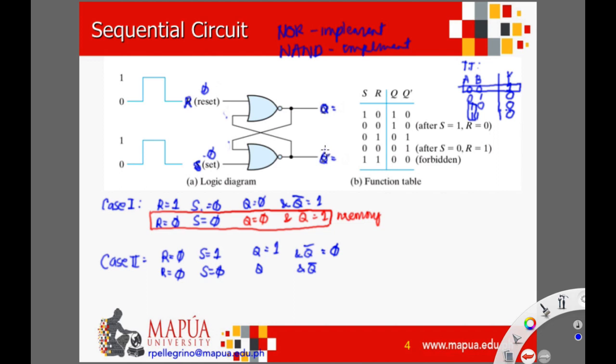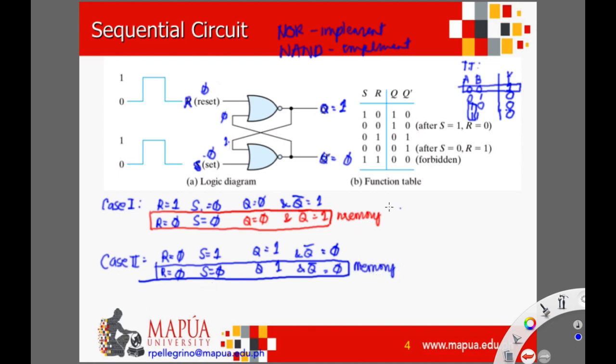So if we have 0 and the previous value is 1, 0 NOR 1 is equal to 0. So our Q bar is 0. And if this is 0, again 0, our Q is equal to 1. So again, what does it do? As you can see, it saves the content, which serves as the memory.